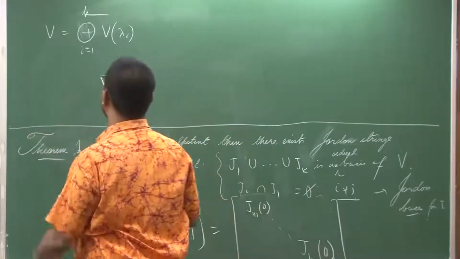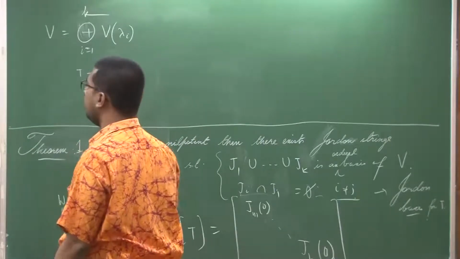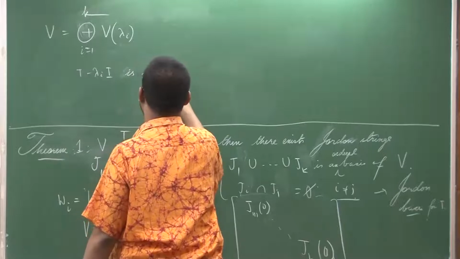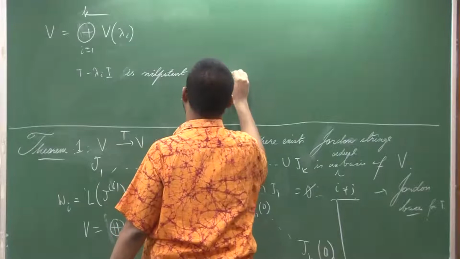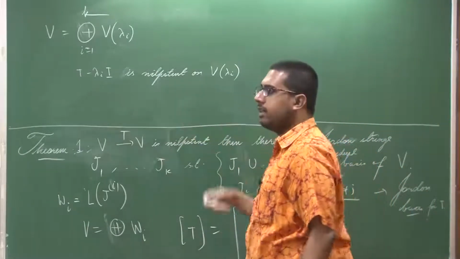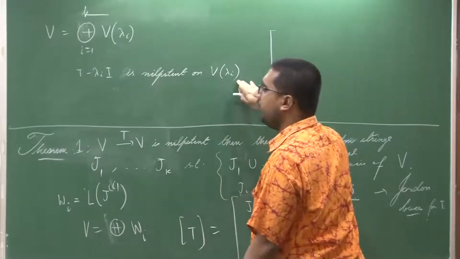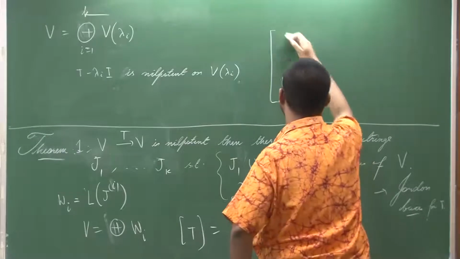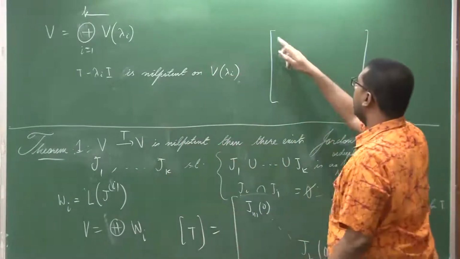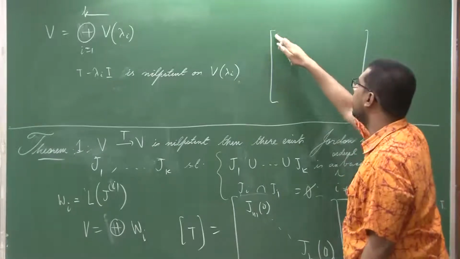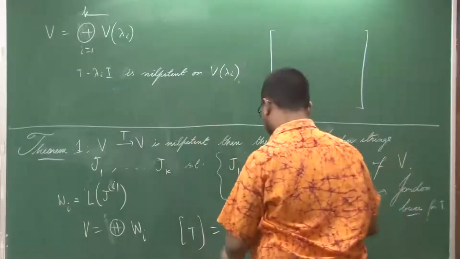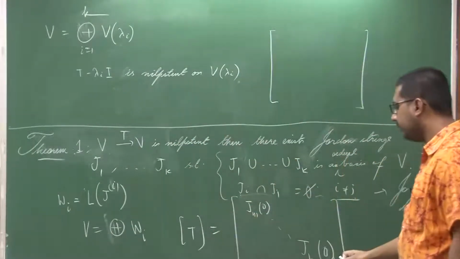So, what I do is, T minus lambda I times the identity is nilpotent on V lambda I. So, we use theorem 1 to get a Jordan basis for the operator T minus lambda I. So, the matrix of T minus lambda I on V lambda I, with respect to the Jordan basis, will have Jordan blocks of possibly different sizes along the diagonal, and each block will have eigenvalue 0.